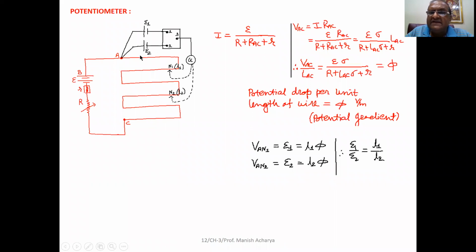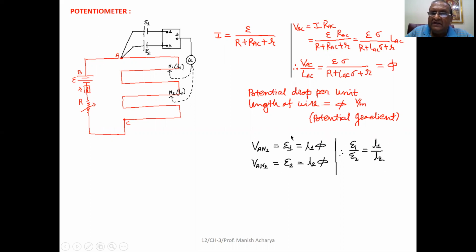So now this second cell with EMF E2 is in the circuit. So for that, again find out the null point. Suppose the null point is obtained at N2 and the length of the potentiometer wire which gives the second null point is L2. So we can write the potential difference across A and 2, that is equal to E2, that is L2 into phi.